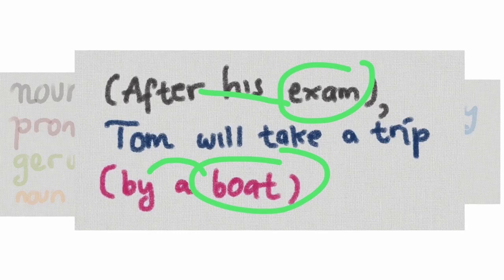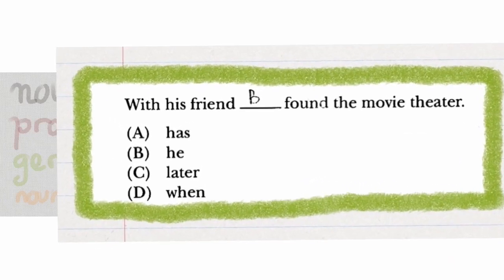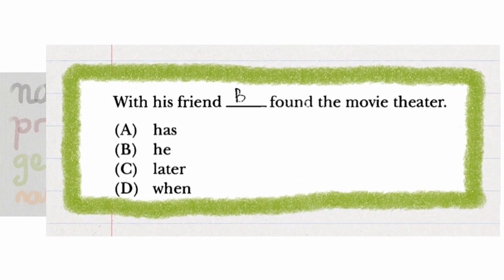Now let's see and analyze this one. In this example, you should look first for the subject and the verb. You should notice the verb found and should also notice that there is no subject. Do not think that friend is the subject.